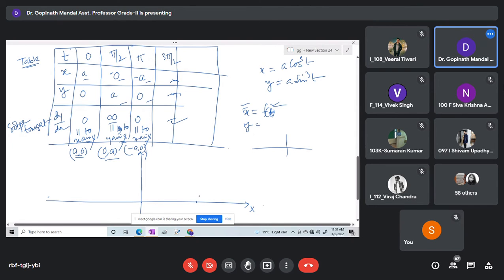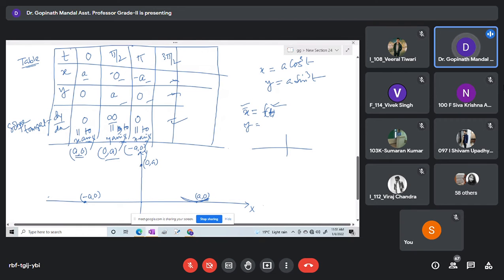Now first we mark a comma 0, and this is 0 comma a, and this is minus a comma 0. At a comma 0, the tangent is parallel to the x-axis.